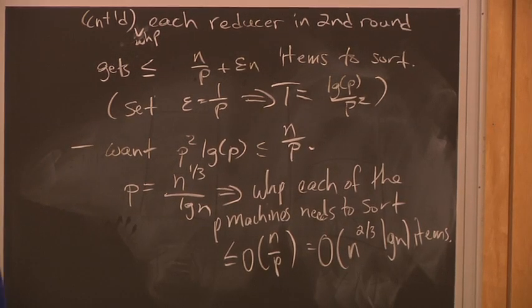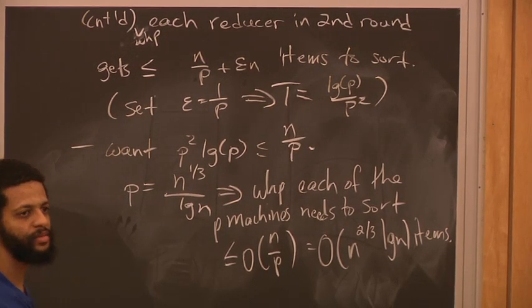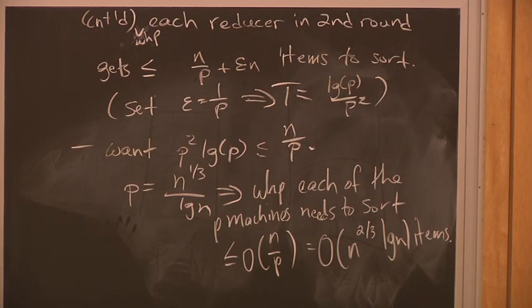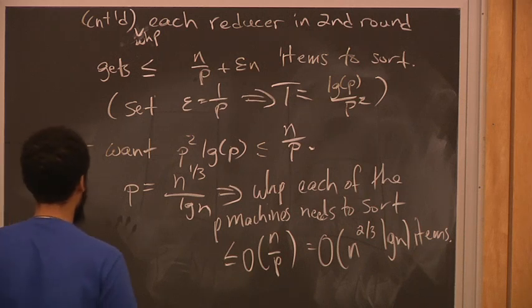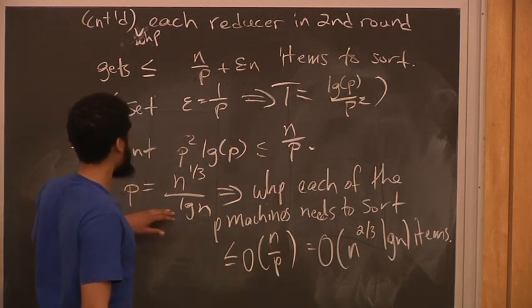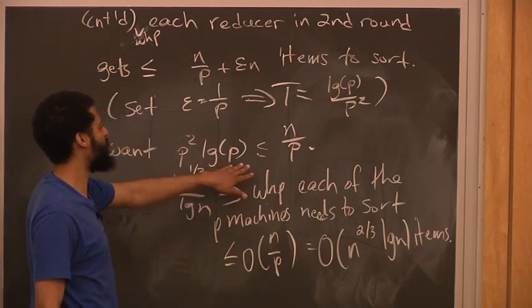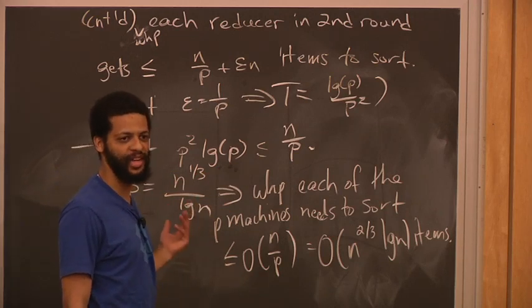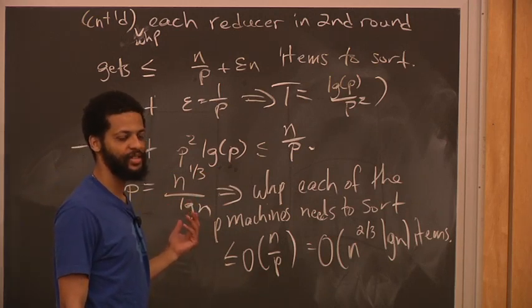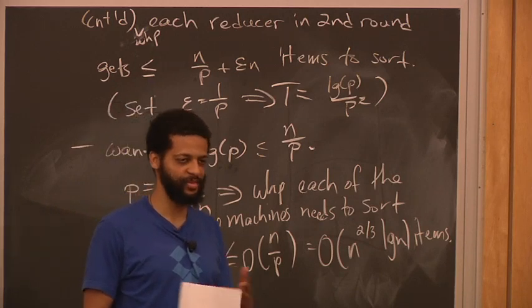Does that imply the number of machines are dependent on the size of n? Well, what this is saying is there's no real advantage to using more than n to the 1/3 machines. The number of machines you have is whatever.